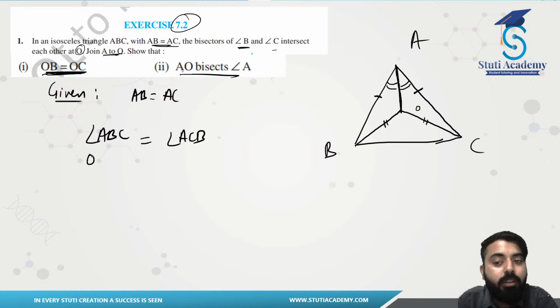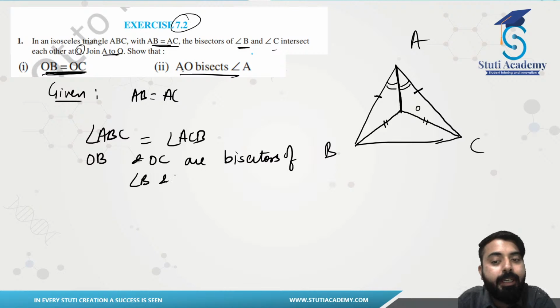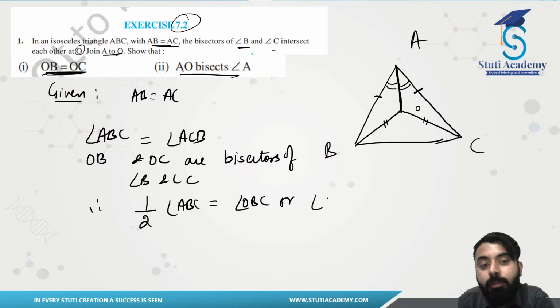And you guys see OB and OC are bisectors of angle B and angle C. Therefore, can you say this? Half of angle ABC, that means it will be angle OBC, or you can say it will be angle OBA, right?